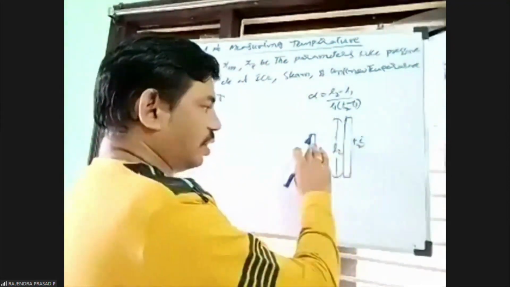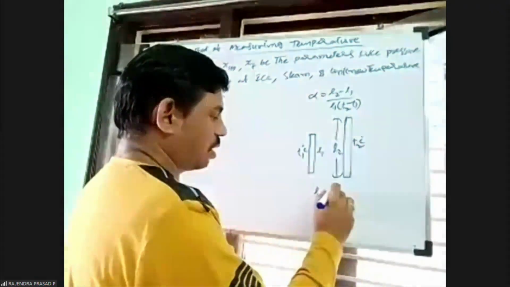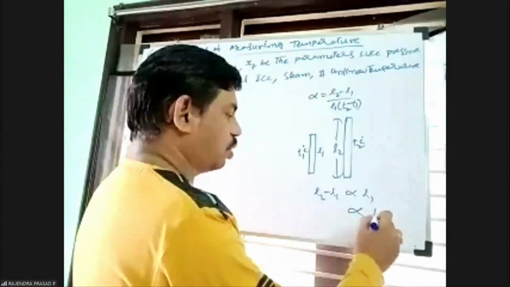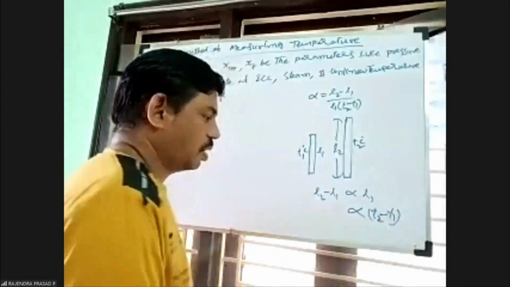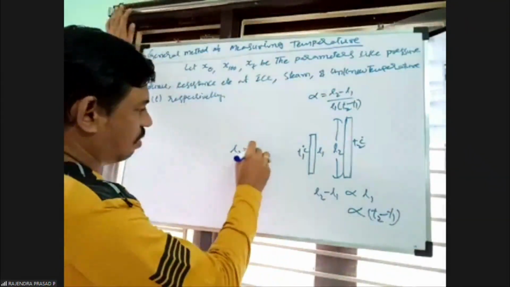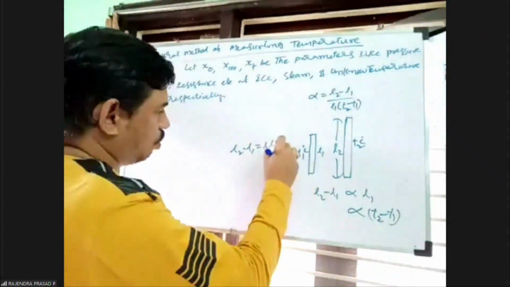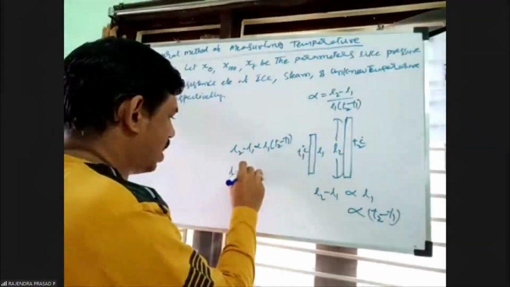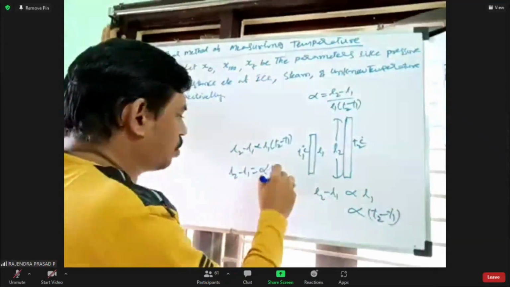The change in length, L2 minus L1, is directly proportional to the initial length and directly proportional to the temperature difference. So L2 minus L1 is equal to some alpha into L1 into T2 minus T1.